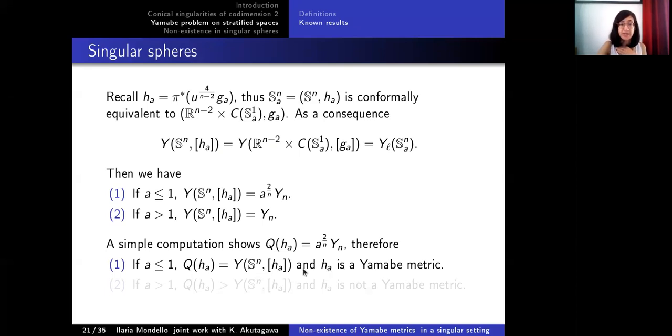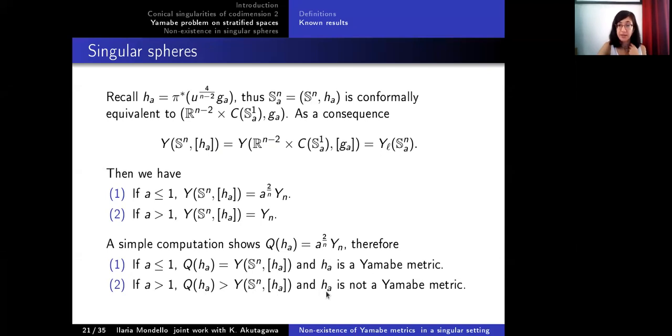This is not the case when the angle is bigger than 1. Indeed, here you have an example. When you compute Q, the Yamabe functional of Ha, since A here is bigger than 1, you find something which is strictly bigger than the Yamabe constant of the sphere. So you find something which is bigger than the Yamabe constant of the singular sphere.